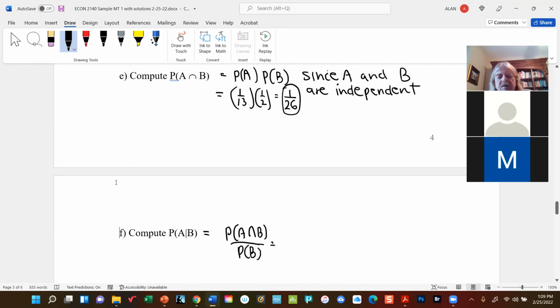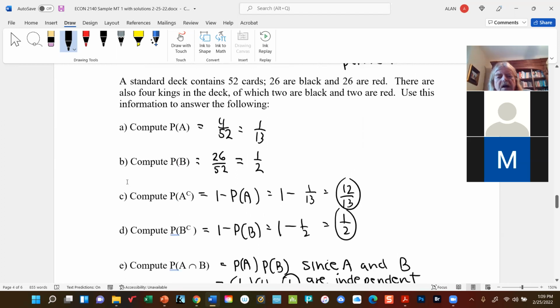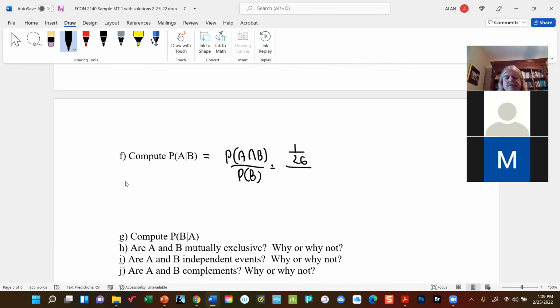So, for example, here we have 1 out of 26 over 1 out of 2. Now, algebraically, this is the equivalent of 1 out of 26 times the inverse of what's in the denominator, or 2 over 1. So this ends up being 1 out of 13.